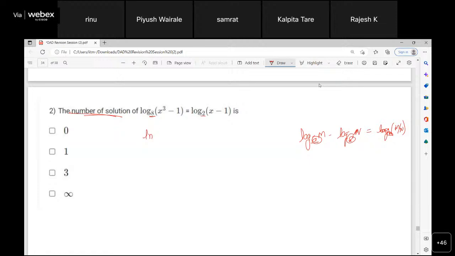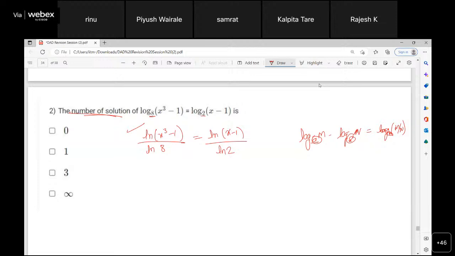So what I am doing is applying the base change rule and converting it into natural log. So ln of 8 here, also ln of x minus 1 upon ln of 2, right? Okay, everyone got this? What I have done here is simply applied the base change property to the natural logarithm.